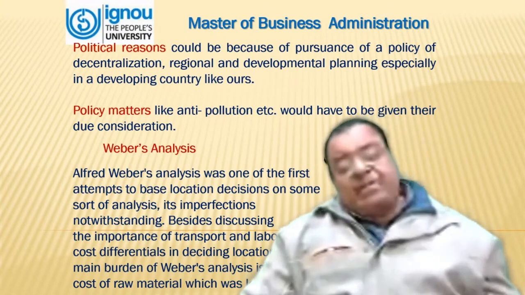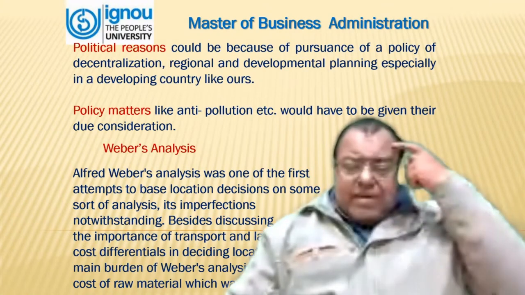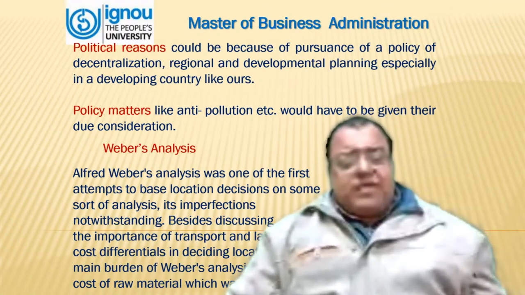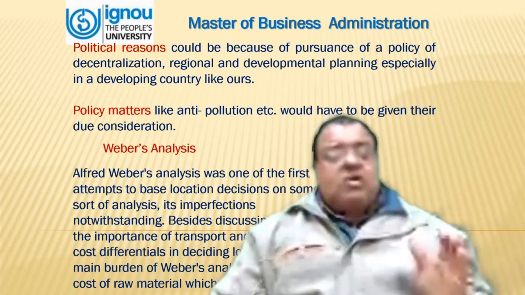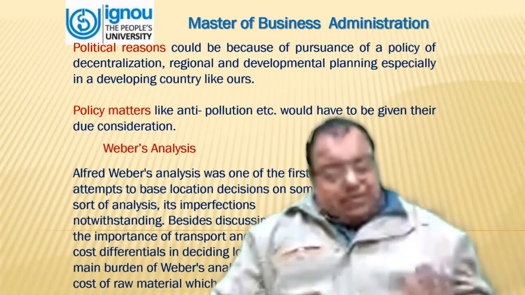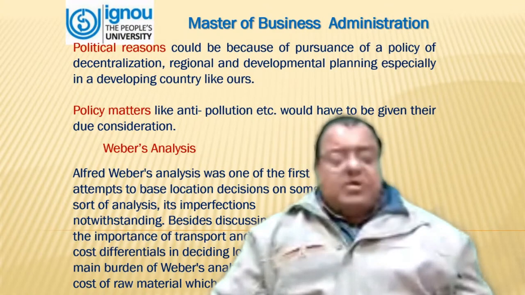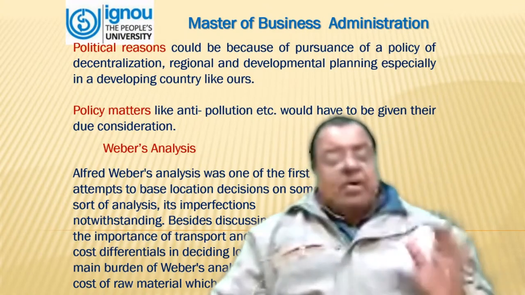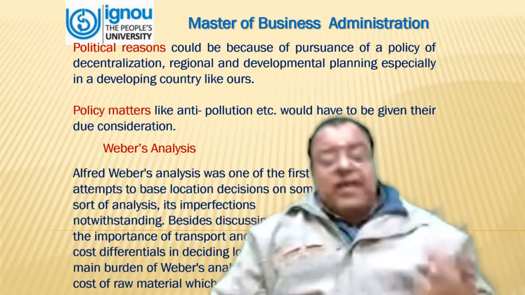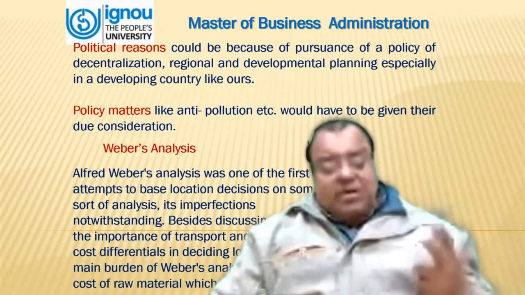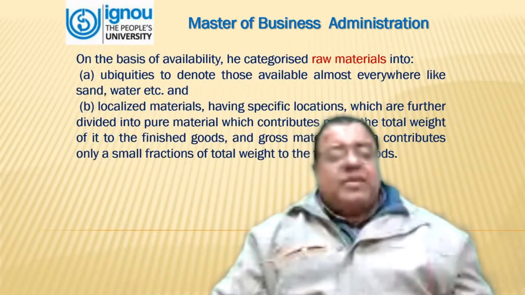Now, Weber analysis. Alfred Weber's analysis was one of the first attempts to base location decisions on some sort of analysis, its imperfections notwithstanding. Besides discussing the importance of transport and labor cost differentials in deciding location, the main burden of Weber's analysis is the transport cost of raw material, which was least mobile.